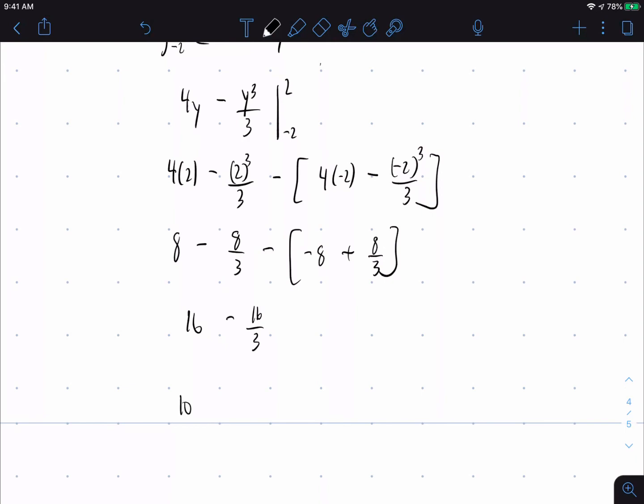So it'd be 10 and 2 thirds units squared. Did I do that right? I don't trust myself. 48 over 3 minus 16 over 3 is 32 over 3, which is 10 and 2 thirds. Perfect.